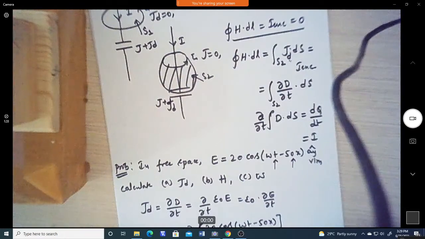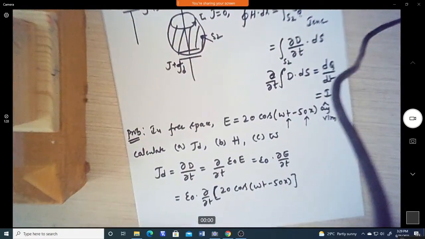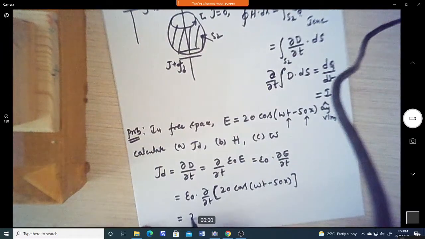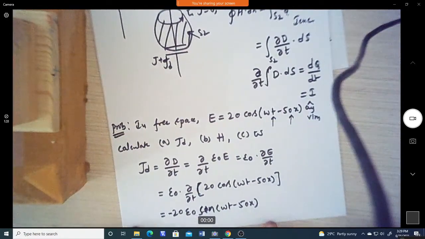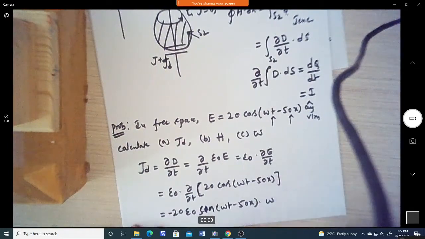Differentiate with respect to t, so we are going to get 20 epsilon naught, and if you differentiate cos with respect to t, we are going to get sine of omega t minus 50x into omega.